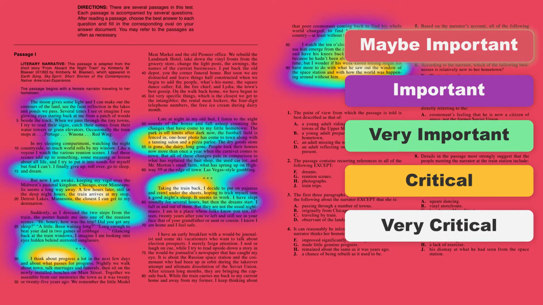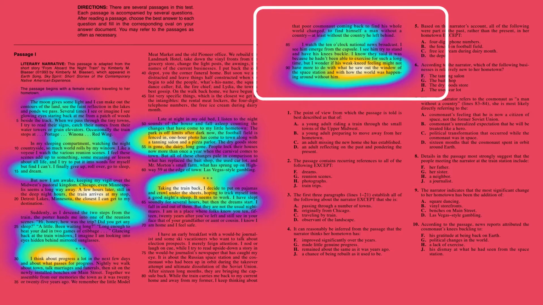This is basically a mapping of where the answers are to every question in this passage. We've got this area right here near the bottom, near the end of the passage, and there's a lot of important stuff here. You're going to notice that throughout a lot of these passages, the end often contains a lot of important stuff, so we want to definitely focus in here.